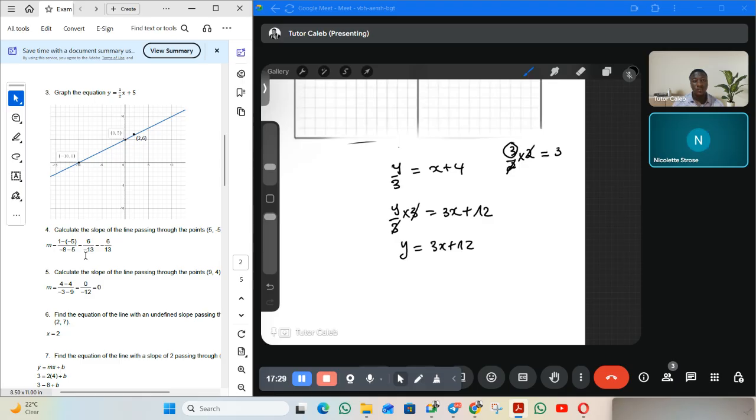So similarly, if they give you 1/3 y times 3, the 3 here has to cancel with the 3 in its denominator, and you'll be left with 1y. If they give you 4 over 2x times 2, the 2 will cancel with the 2 in its denominator, and you're left with 4x.